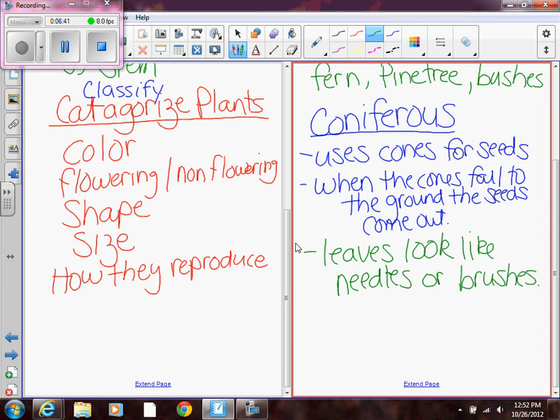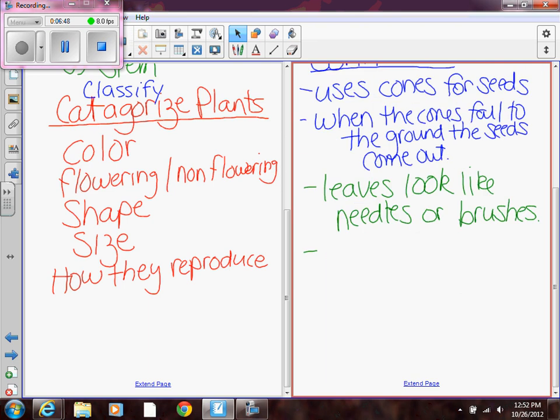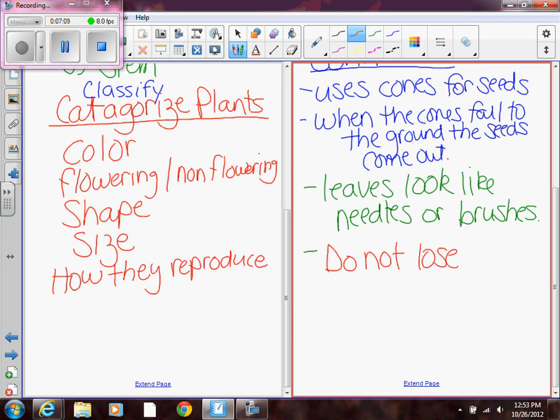And what's very important about these leaves on these trees, guys? Sarah, what's very important? What don't they do? Exactly. They don't lose all their leaves in the fall.